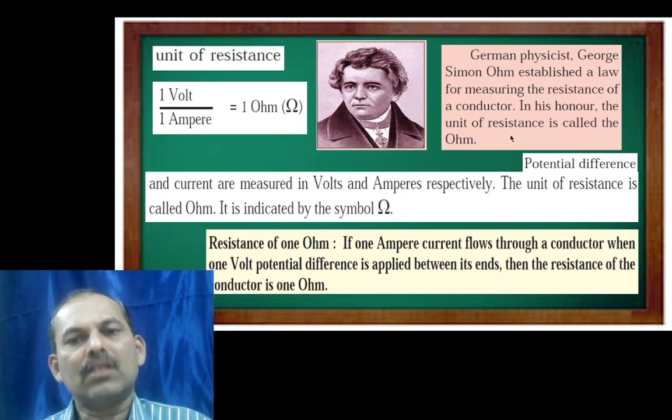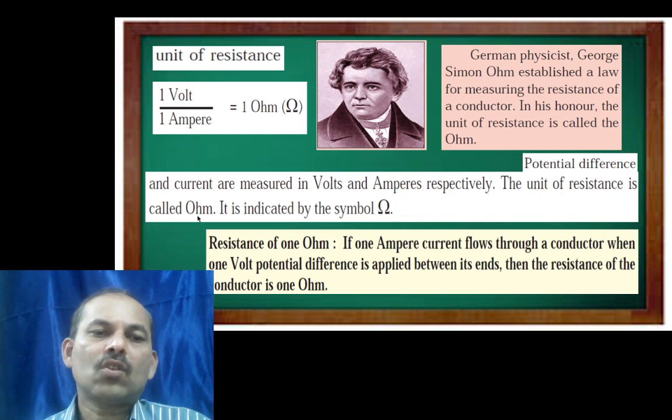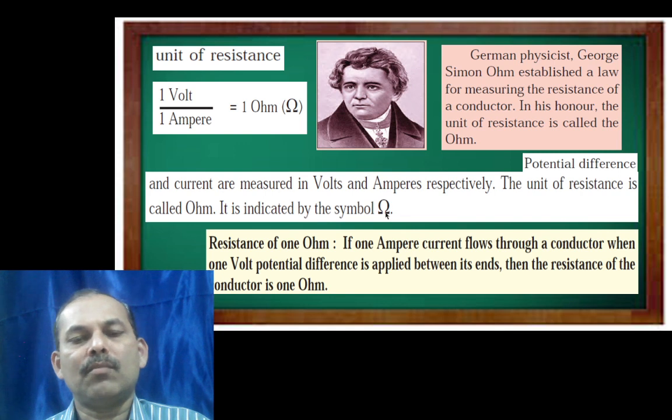In his honor, the unit of resistance is called the ohm. Potential difference and current are measured in volt and ampere respectively. The unit of resistance is called ohm and it is indicated by the symbol like this.